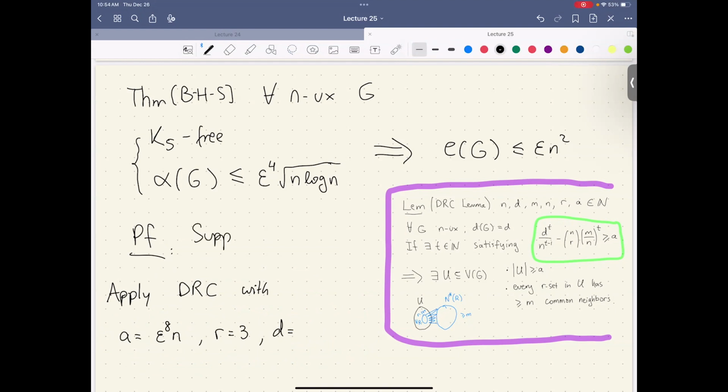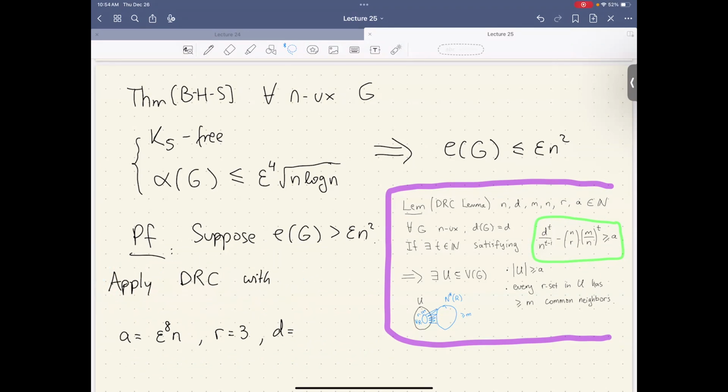Suppose otherwise, E of G has more than epsilon n squared edges. Okay, we're gonna apply dependent random choice with A, R these, D is what? D is 2 epsilon n, right? We have more than epsilon n squared edges.